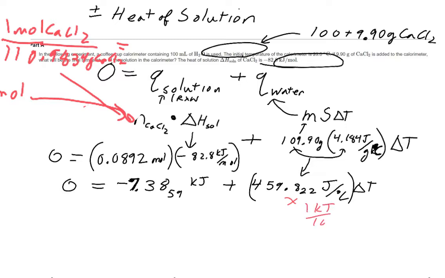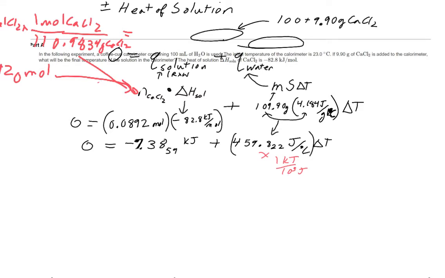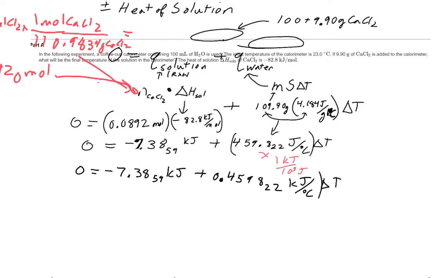One kilojoule is 10 to the third joules. So that gives me a negative 7.3859 kilojoules plus 0.459822 kilojoules per degree Celsius times our delta T. Now I want to get my variable isolated, so I'm going to move this right here to the other side of my equation by adding 7.3859 kilojoules to both sides.